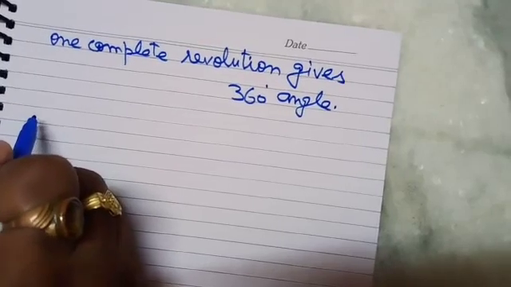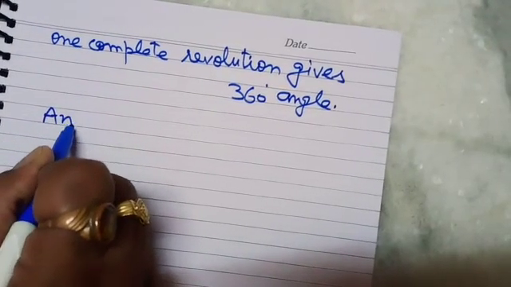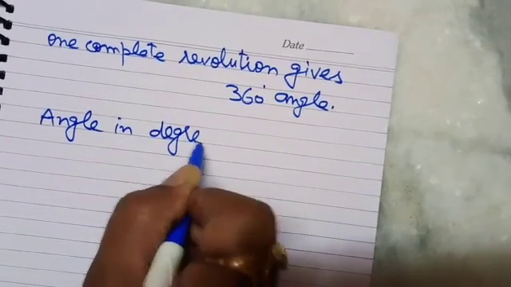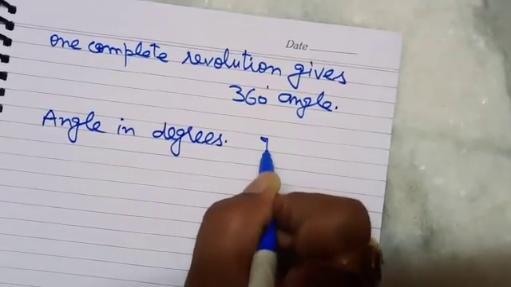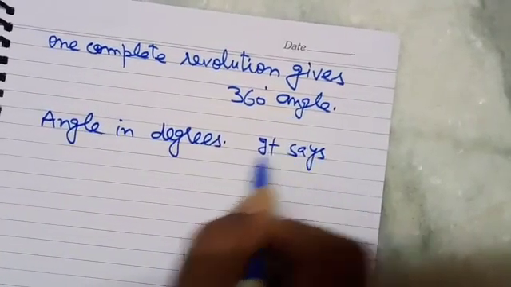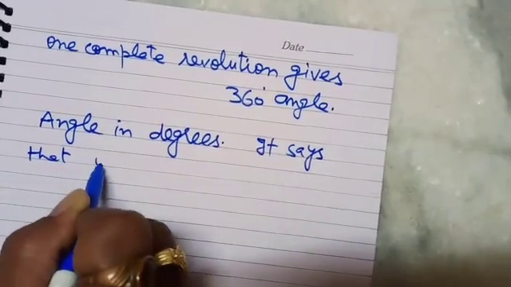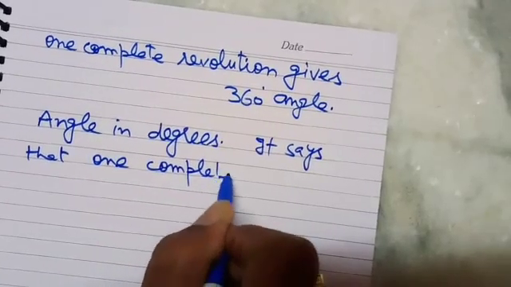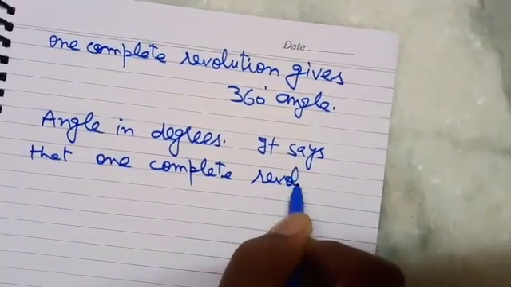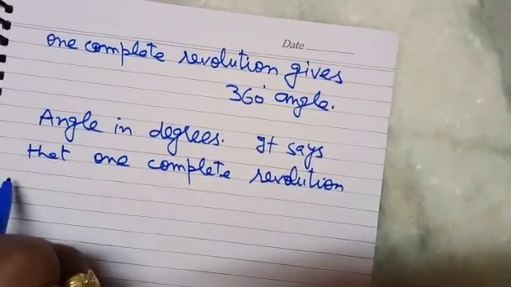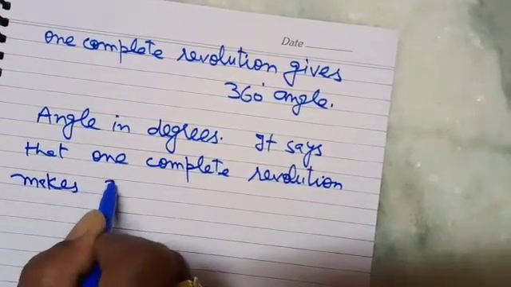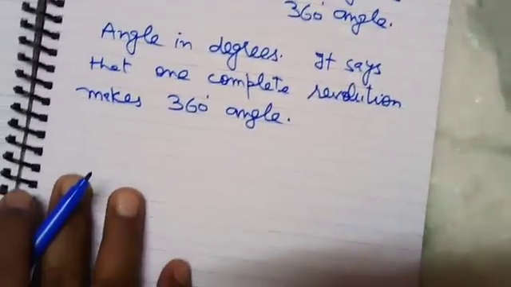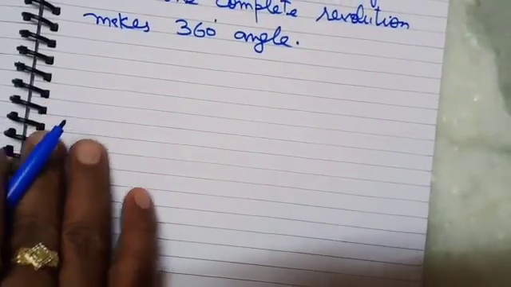In one system we measure the angle in degrees, and it says that one complete revolution makes a 360 degree angle. One complete revolution makes a 360 degree angle.